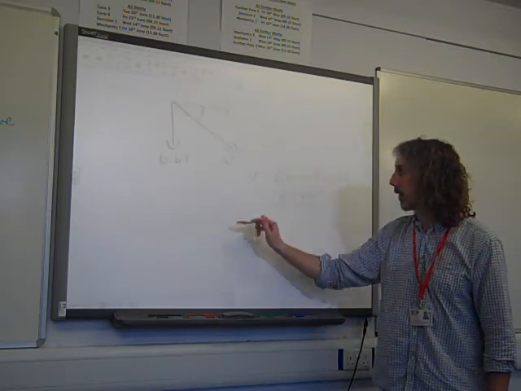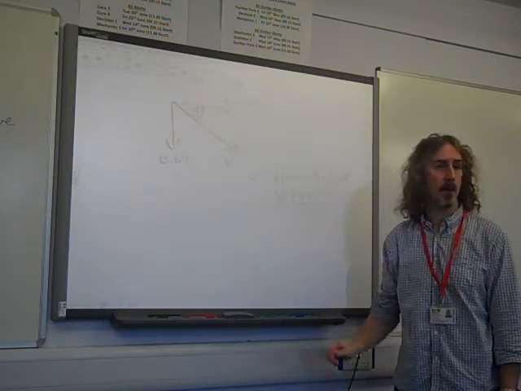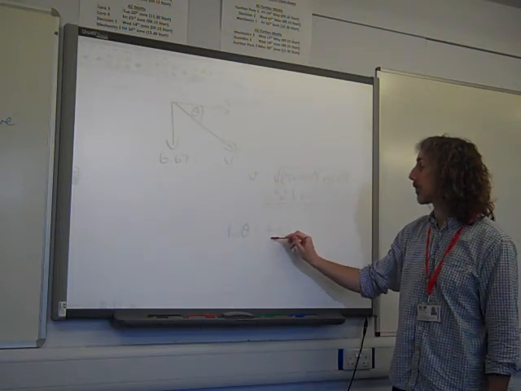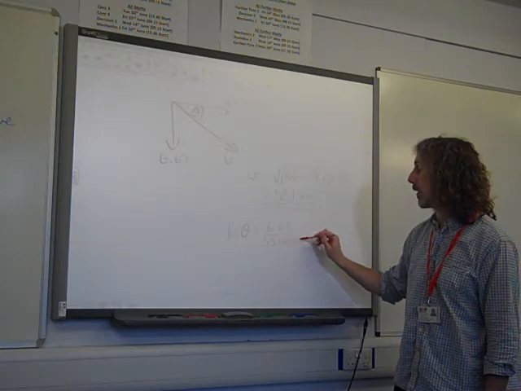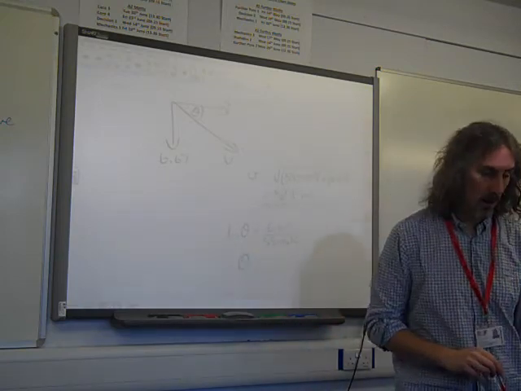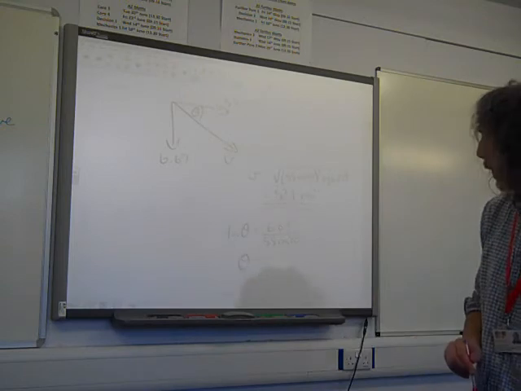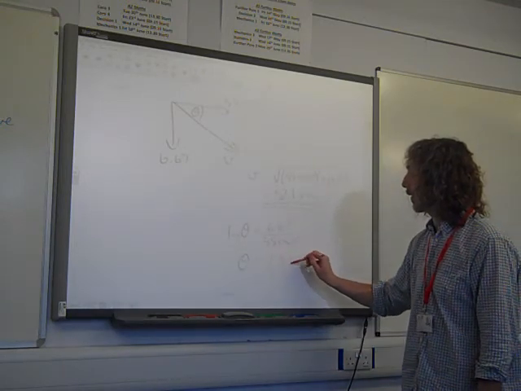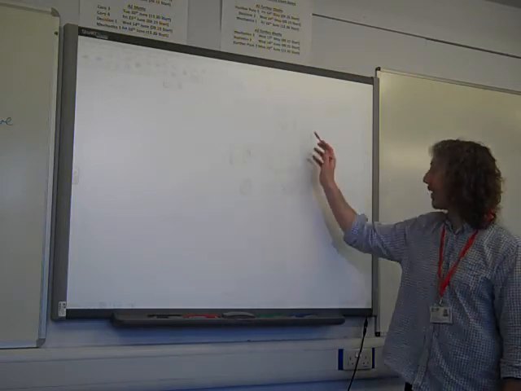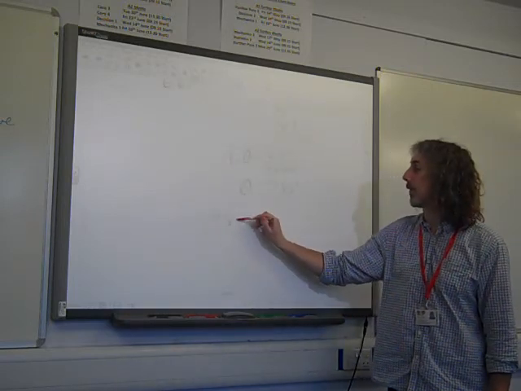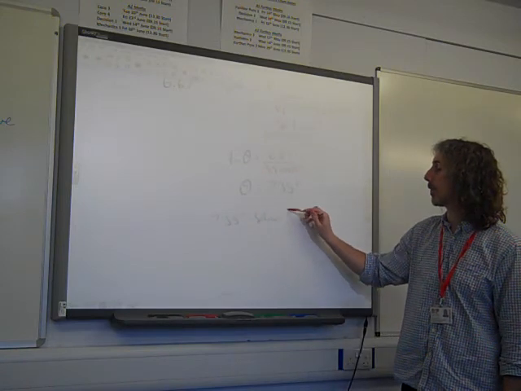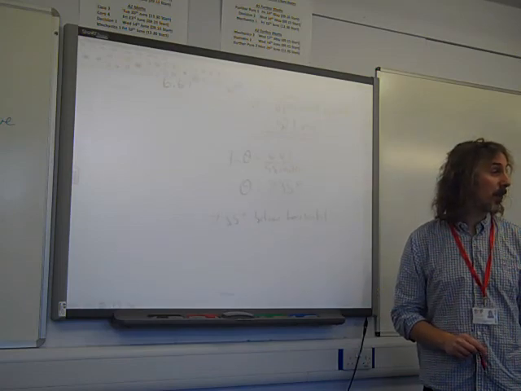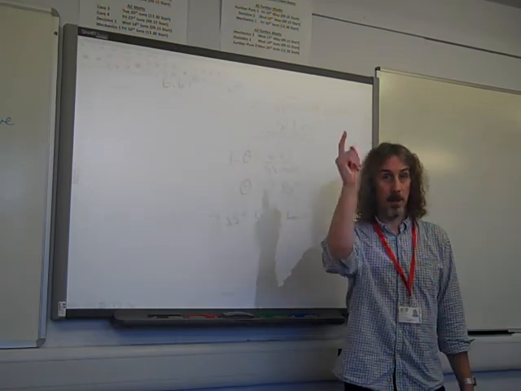So I'm going to work out that angle, call it theta. Tan theta is opposite over adjacent, which gives us an angle of 7.35 degrees. So it's 52.1 meters per second at 7.35 degrees below the horizontal. And that's enough for all of our marks. That's maths.